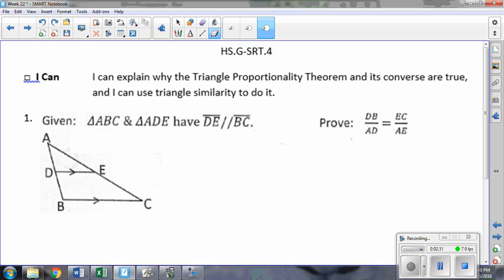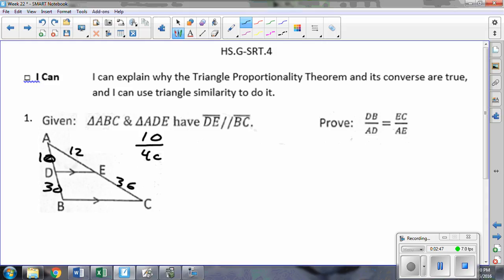If we have this picture, then I'm just going to put up some different numbers now: 10, 30, 12, and 36. If we had numbers like this, instead of setting it up as 10 and 40, 12 and 48, we can instead set it up 10, 30, 12, 36.